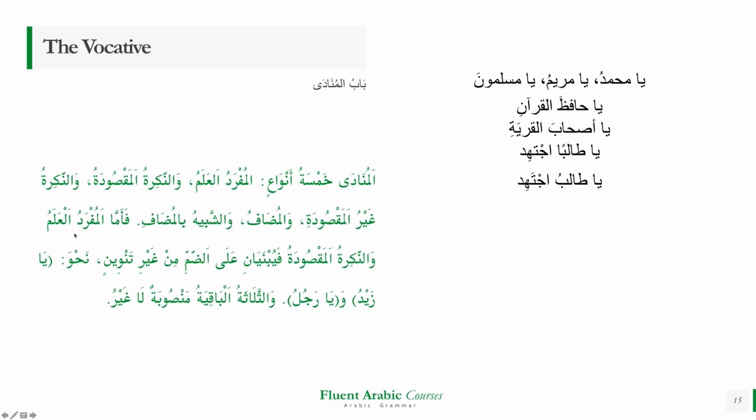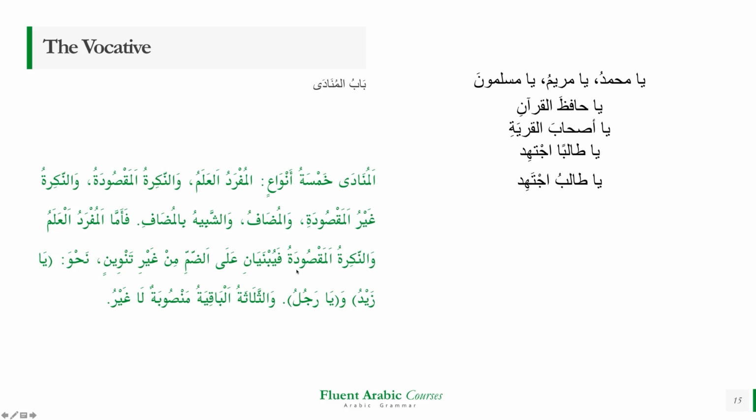The proper noun is when you use ya before a proper noun, like the name states, like ya Muhammad, ya Rajul, ya Walad. All of these take the state of rafa without the tanween. It is ya Muhammadu, ya Rajulu, ya Zaidu, ya Waladu. That is very straightforward. Then we have the nakira al-maqsuda.